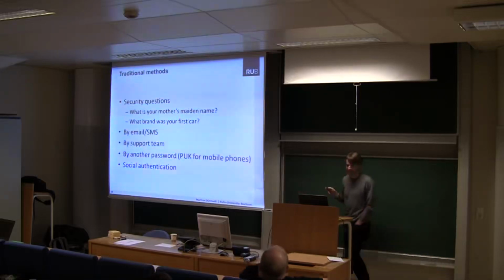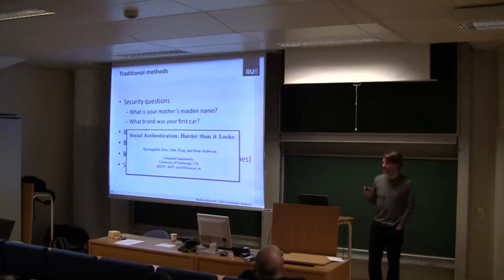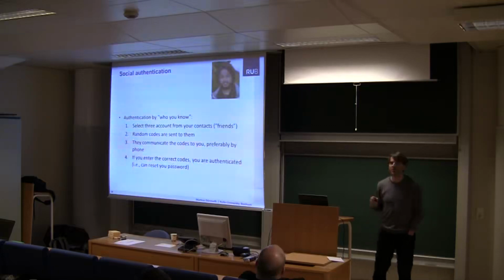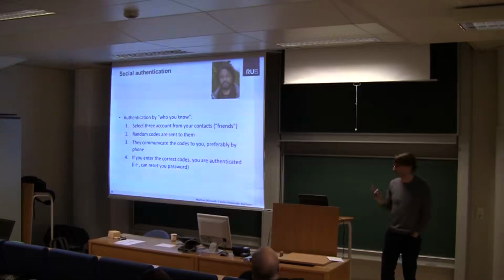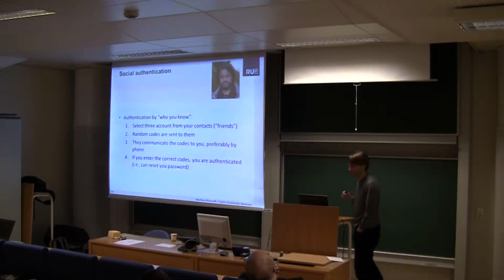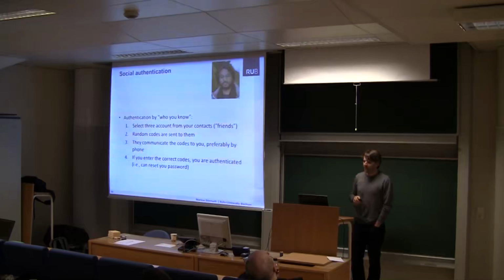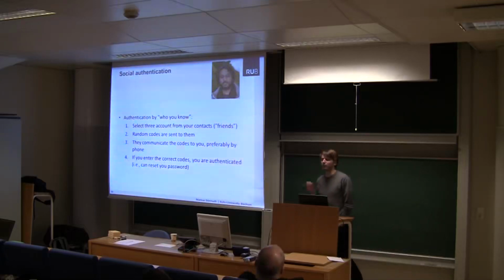Social authentication is harder than it looks, and that's what we experienced as well. We is in particular Ashar, who wanted to speak here, but then had some visa-related issues, and so he couldn't come here. So the next two slides were basically done by him. Social authentication is authentication by who you know, as it's often handled.